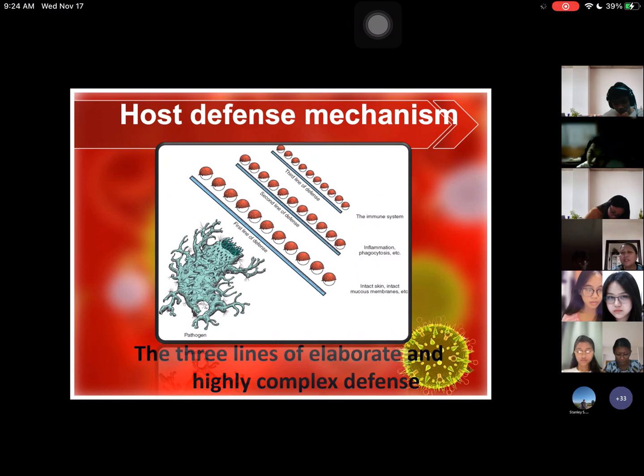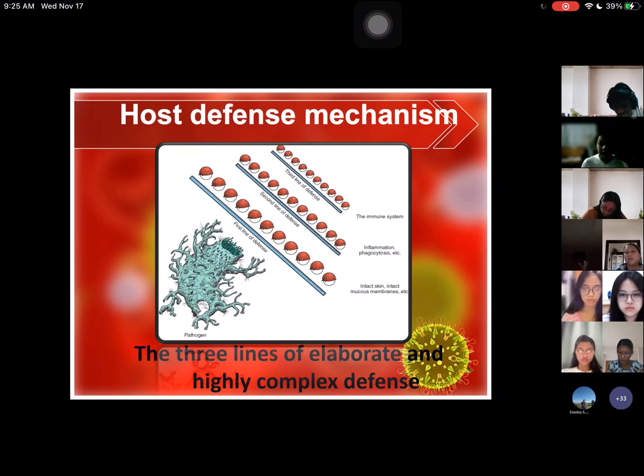The third line of defense is our immune system. Our third line of defense, which is our immune system, is specific. It can only kill or destroy specific antigens that our system recognizes. Okay, so these are the three lines of defenses.